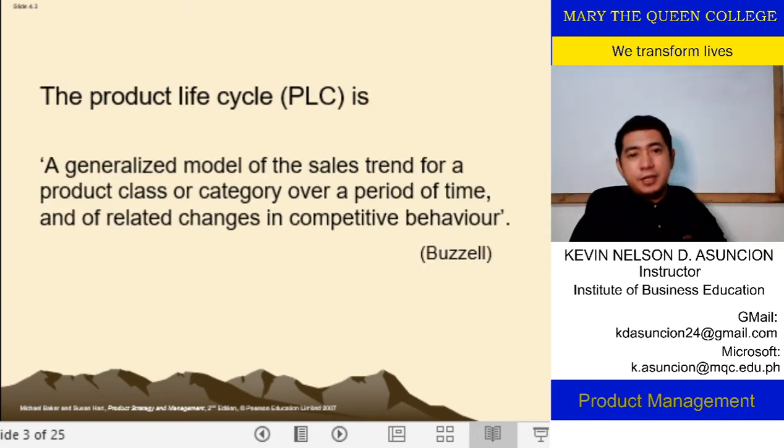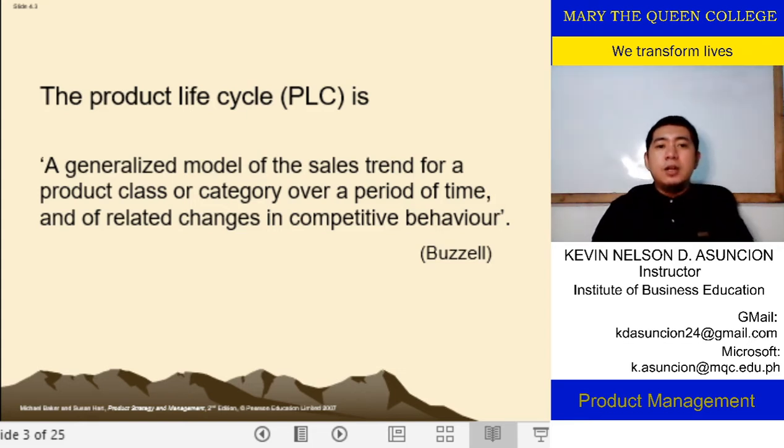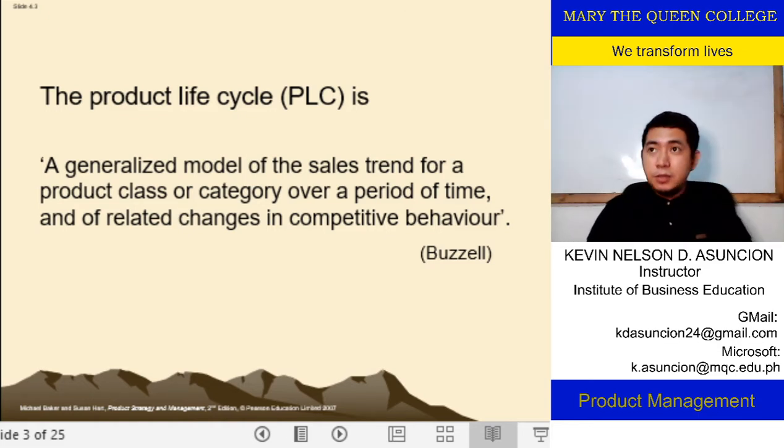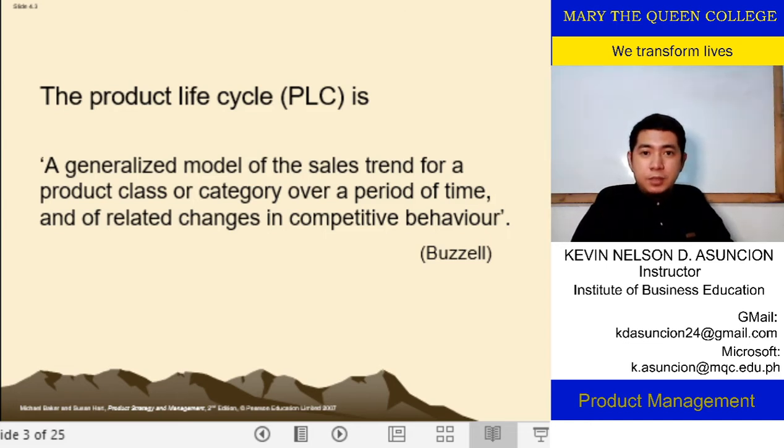What's the product life cycle? The product life cycle, or the PLC, is a generalized model of the sales trend for a product class or category over a period of time, or of related competitive behavior. So your product life cycle is what is happening with the product. It's a tracker of your product, the situation of your product in terms of sales.